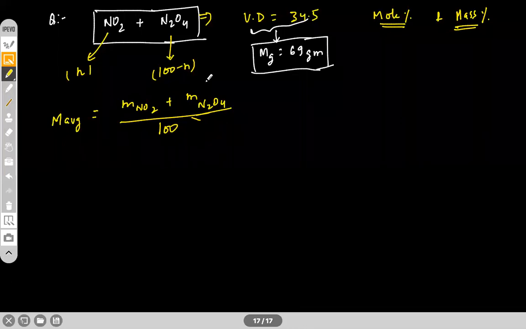Clear? Got it? Did you understand this relation? No? Okay. See, what I have done, I have taken the reference of this formula.